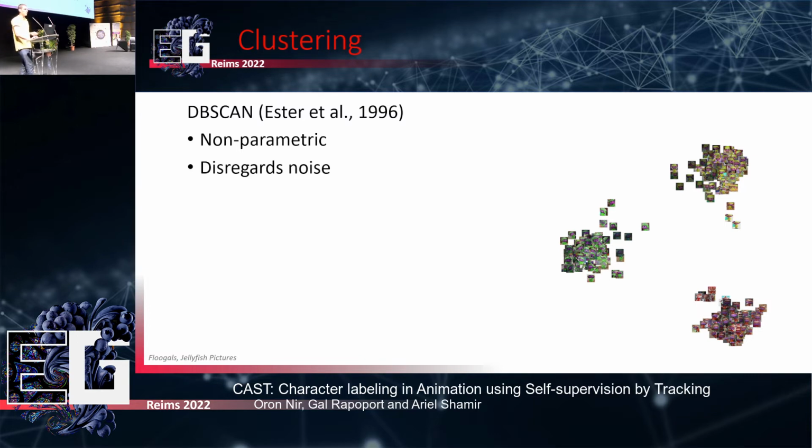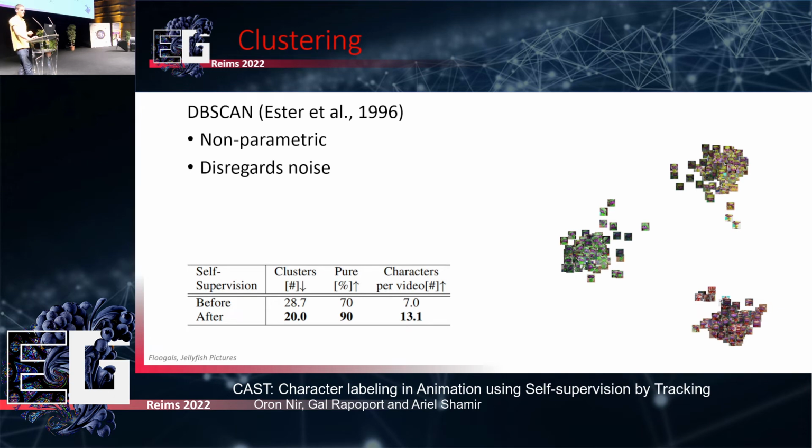So this algorithm works well on such data, and we find it good. Also, this algorithm disregards noise. So if we considered the detector in our pipeline earlier as recall-oriented, you may say that this component is kind of precision-oriented.